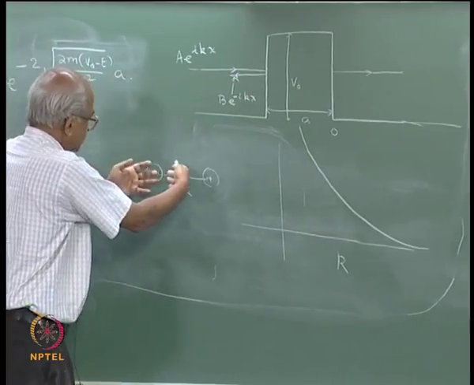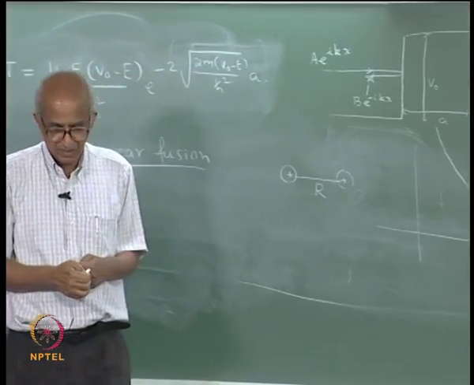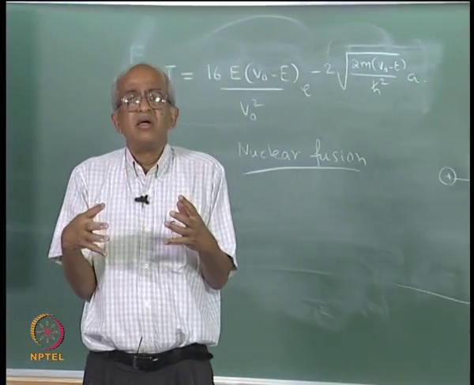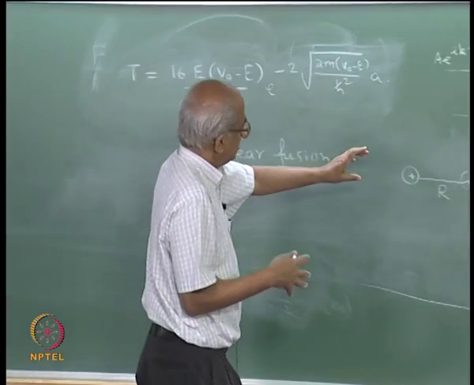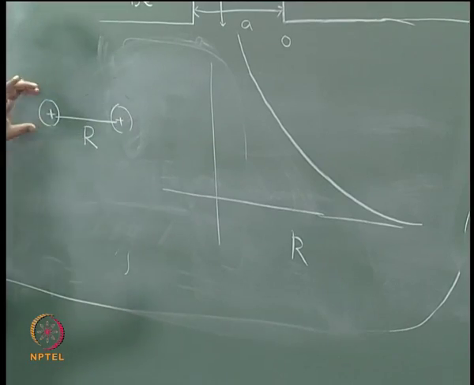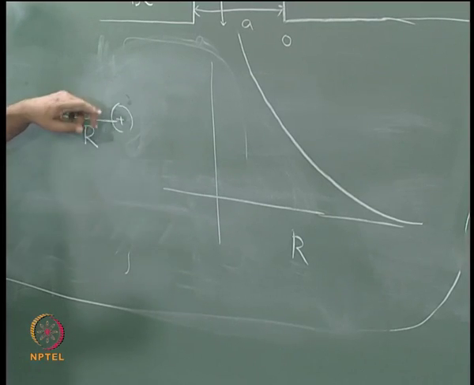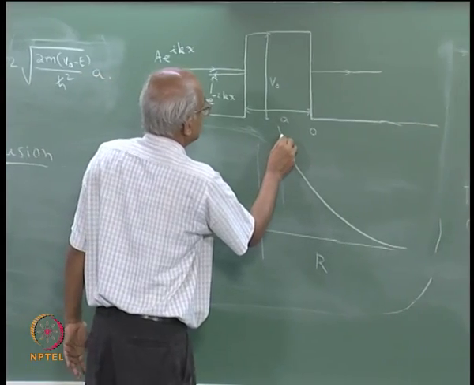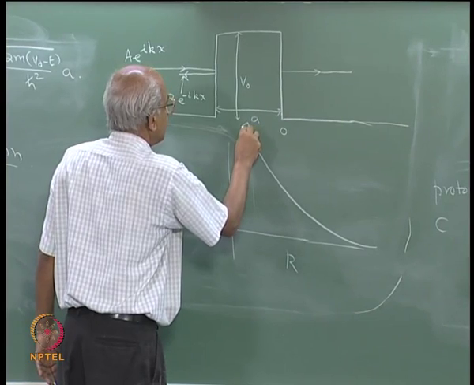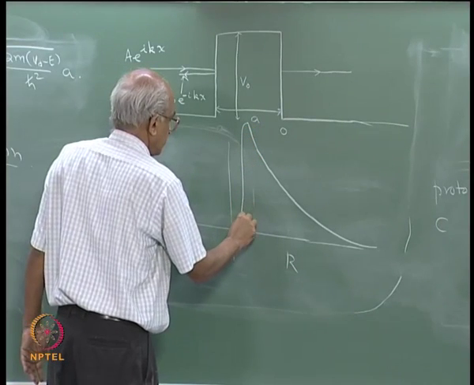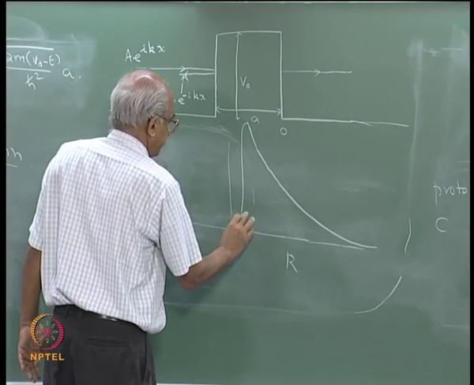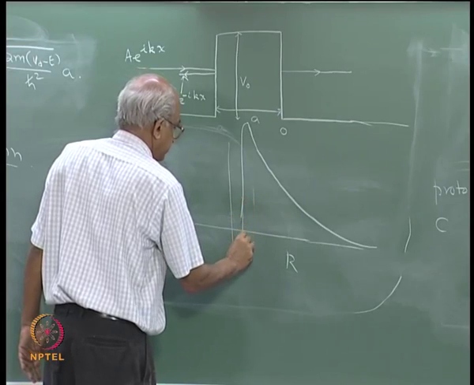But when they are sufficiently close to each other, the particles within this nucleus will feel the attractive interaction with the particles of the other nucleus, nuclear forces essentially, as a result of which the energy of the system will turn around and come down, and that is why the fusion reaction can actually take place.